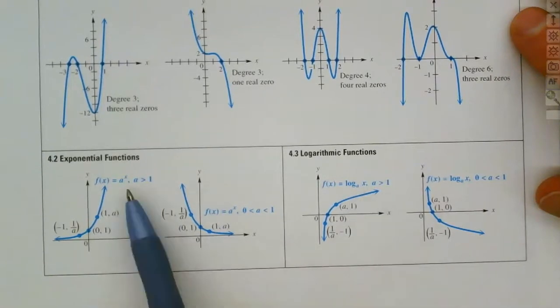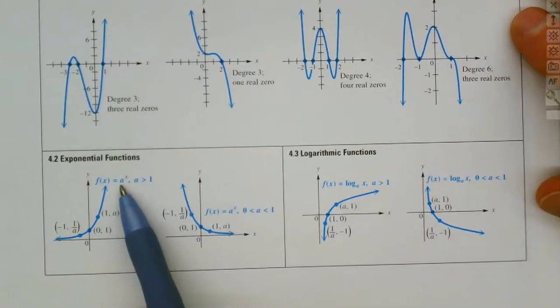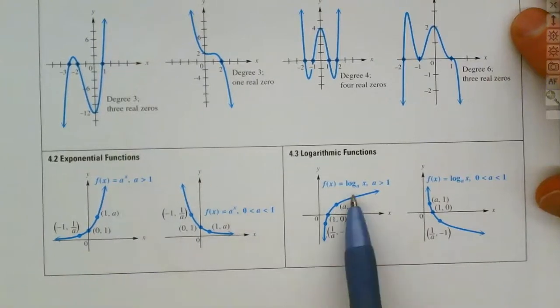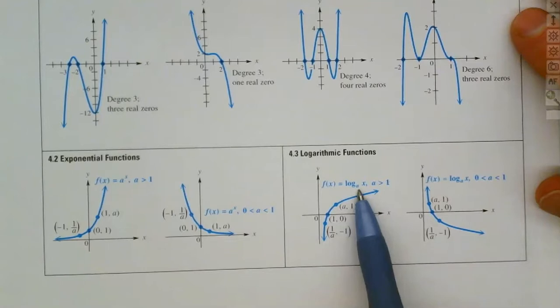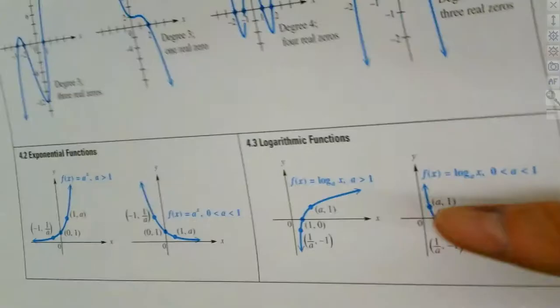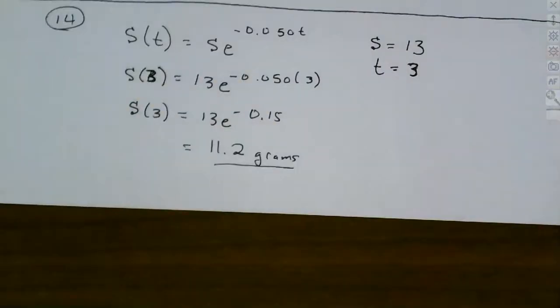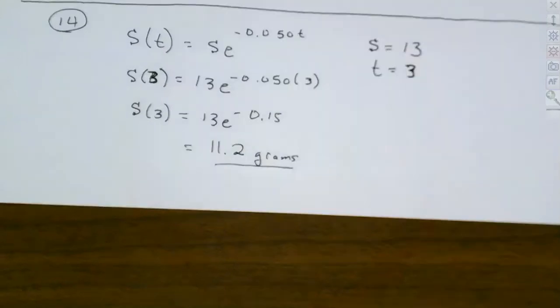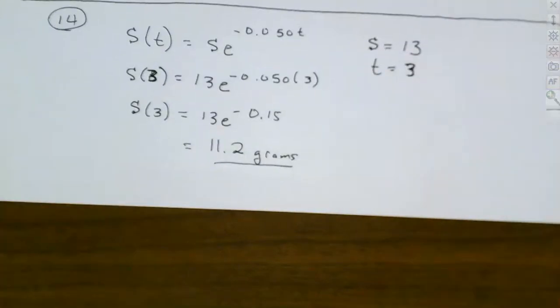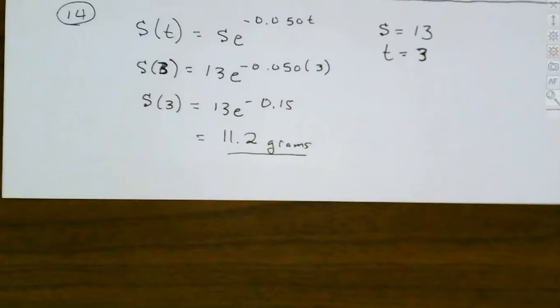It's just like over here, that a was your base in an exponential. Now, when we talk about a logarithm, they have a base a. Base e is the natural log, ln. Let me kind of talk you through logarithms and how they operate.